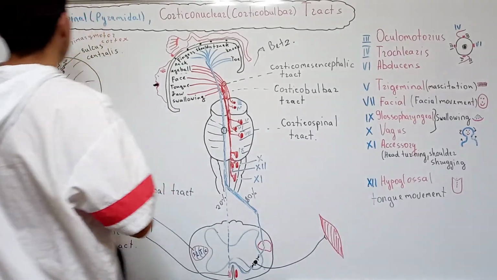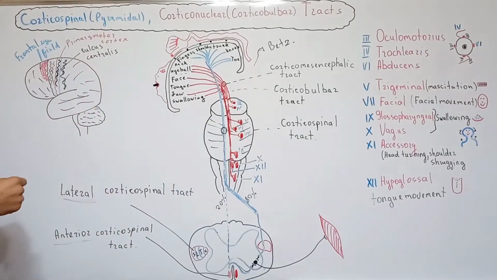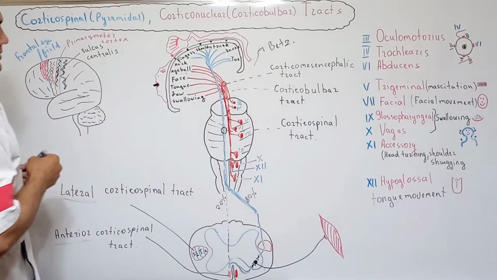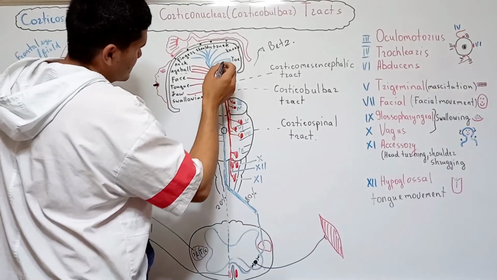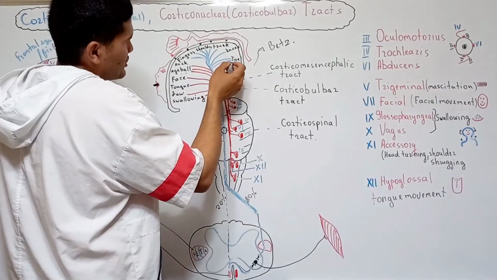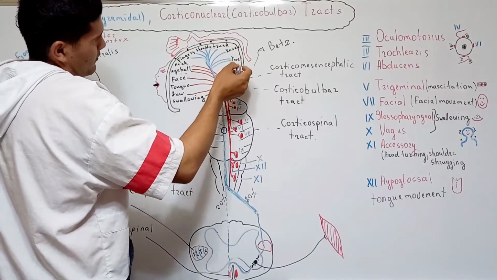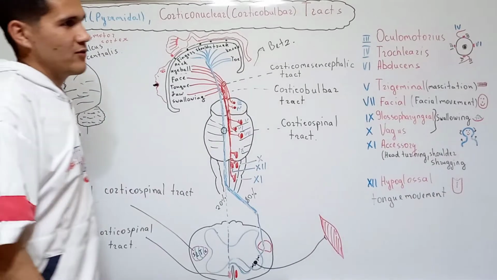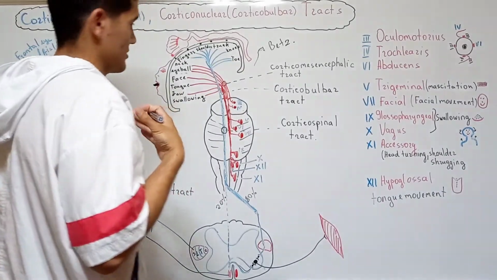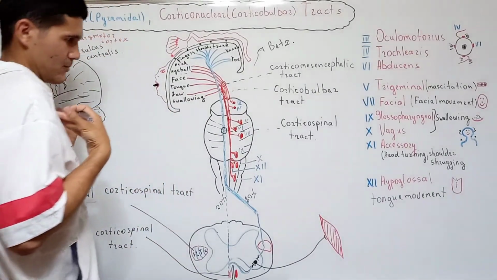The first tract is the corticospinal tract. The second name is pyramidal tract, and the pyramidal tract is initiated from the part of the homunculus that is responsible for the upper limbs, lower limbs, and the trunk of the body.